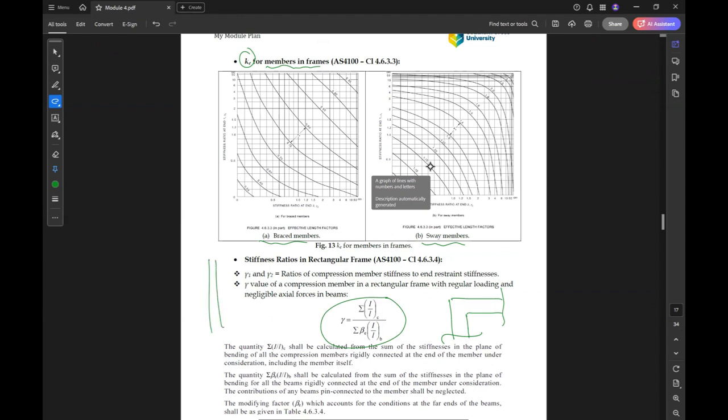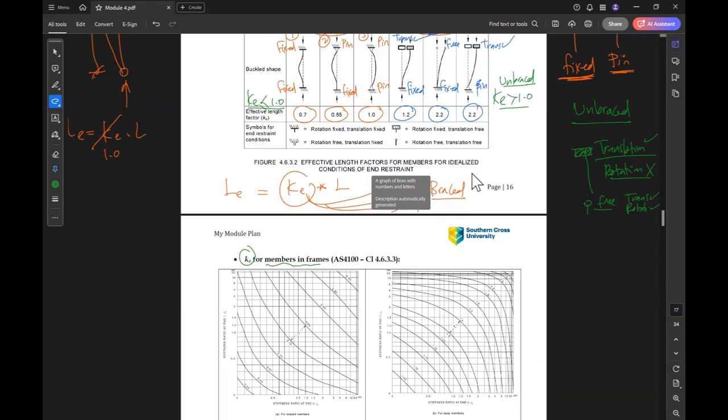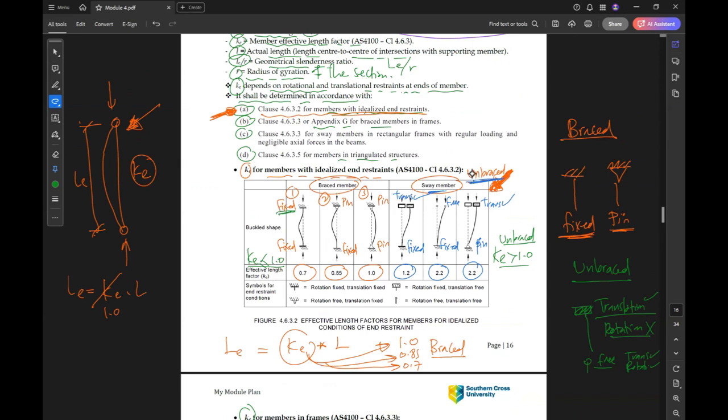A column has two ends, top and bottom, so we have to find gamma top and gamma bottom. This method is used because in real life we don't have pure fixed or pure pinned or pure translation allowed and rotation prevented.